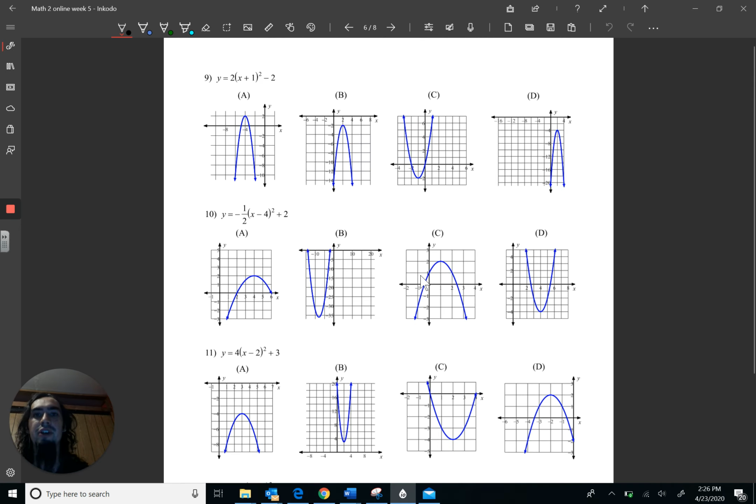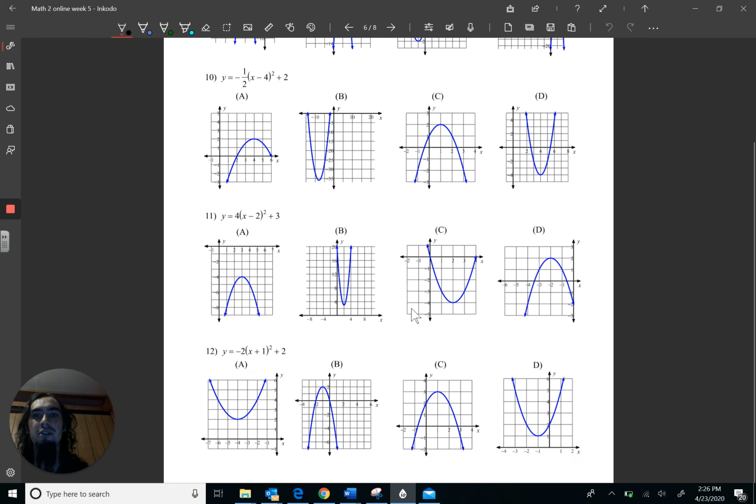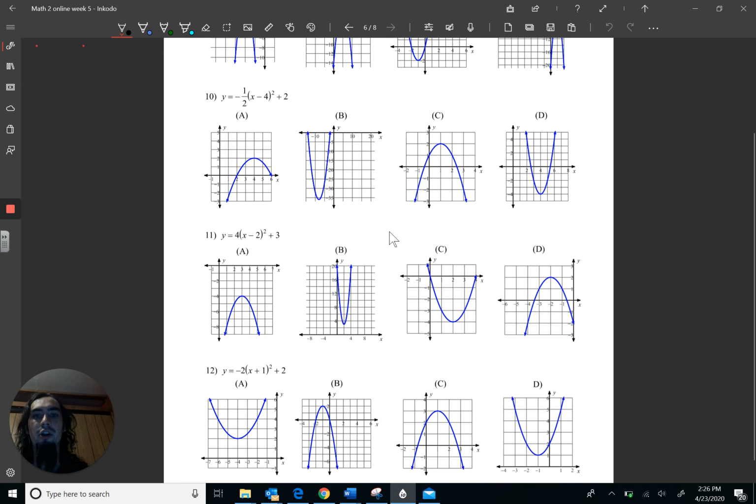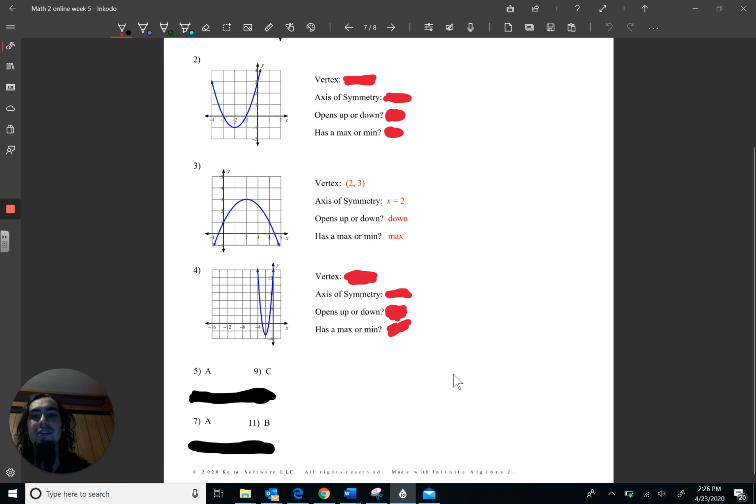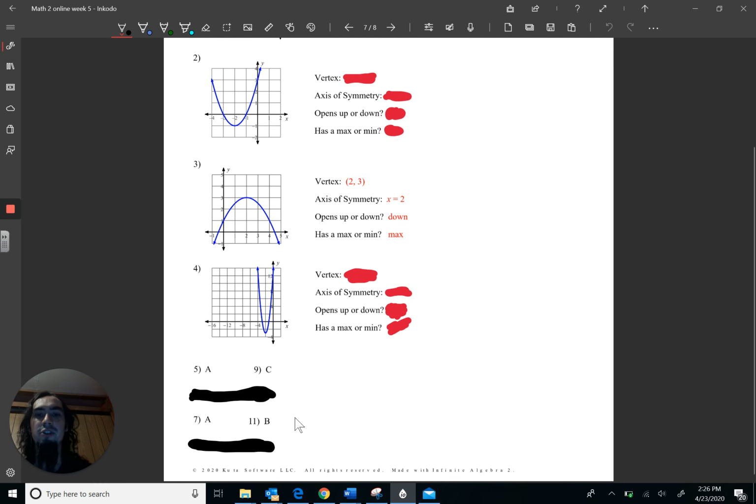There are 12 questions, and I'm going to be grading the odd numbers only. The even numbers, I have the answers here, so you can check your work and make sure you're doing it right based on the even number questions. I will be grading the odd number questions, whose answers I have blocked out, so you don't get to see the answers for the ones that I'm going to grade.